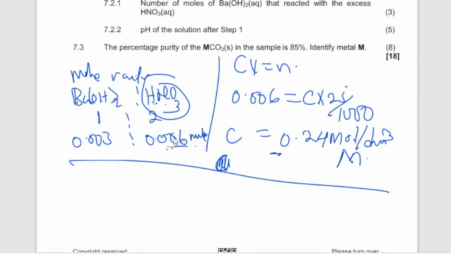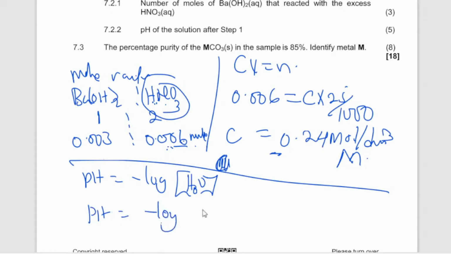Then the pH is equal to negative log of hydrogen ion concentration, or hydronium ions. So now we know already the concentration as this. So pH is going to be equal to negative log of 0.24. Yes, and then the pH is supposed to be acidic, it gives you 0.62.